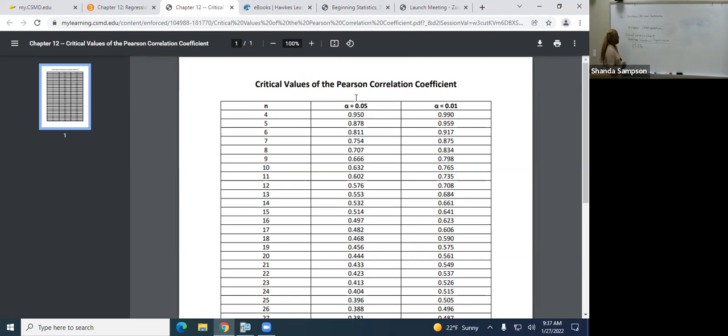R alpha is the R that you get from the chart. Alpha, that little curl thing that we'll go into, is the significance level, the level of significance. So let's put that as number 8. Alpha is the level of significance.